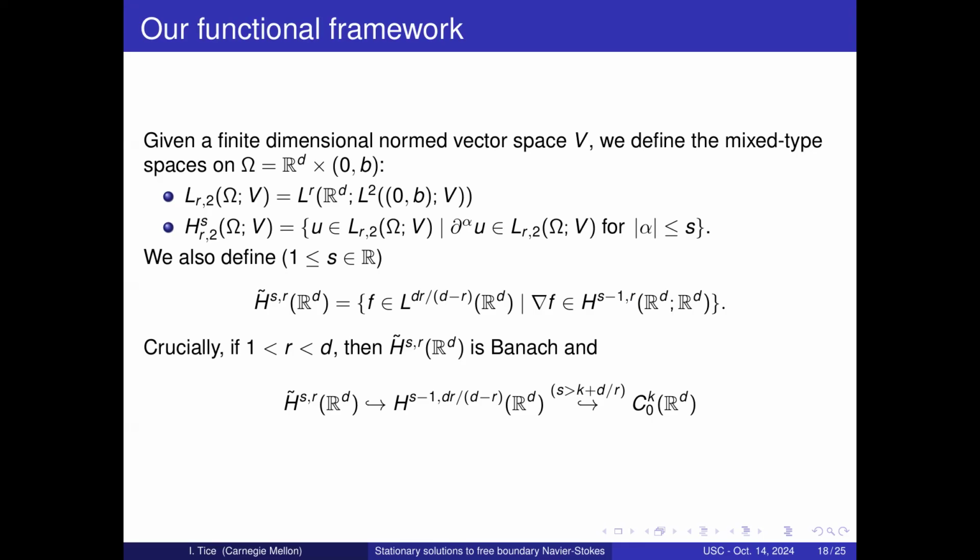Now, to implement this subcritical trick that I mentioned earlier, we also define this tilde gradient space. This is the set of things on the cross section that are in whatever the appropriate Lebesgue space is, whose gradient is in this Bessel potential space. Then the embedding result that I mentioned earlier can be implemented in this tilde space, which is where we will construct the free surface, and it will embed into C^K spaces as you would expect.